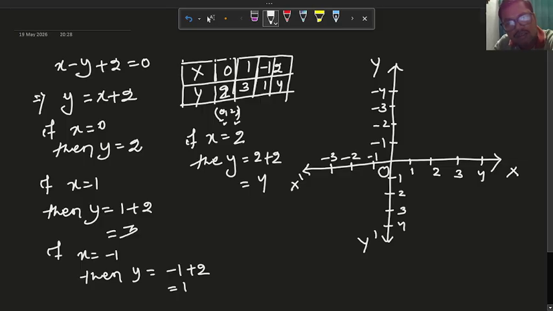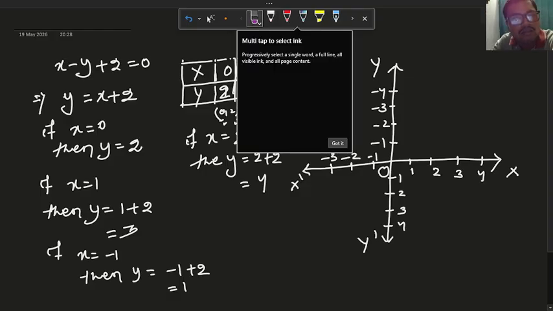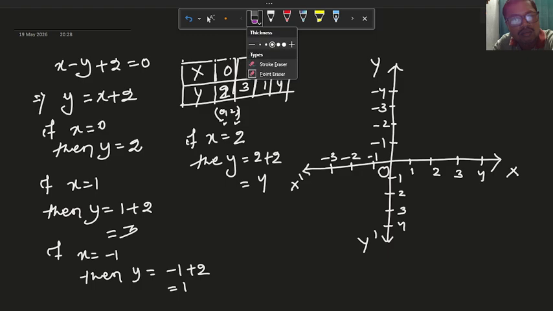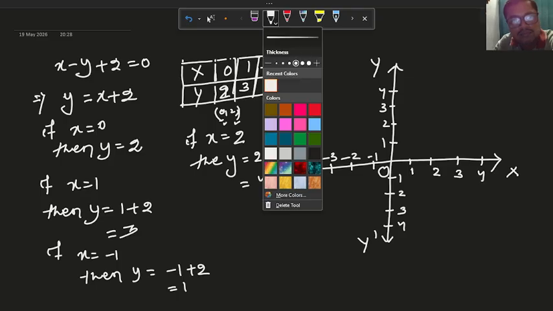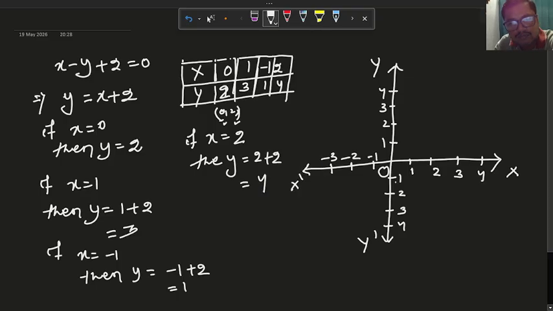Okay, here is a mistake. Downward y axis is negative, upward y axis is positive.